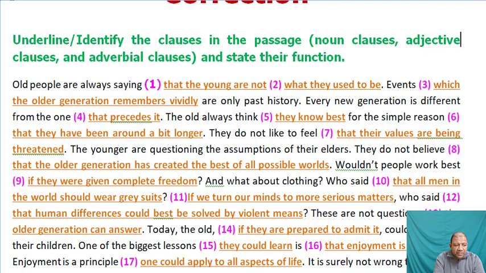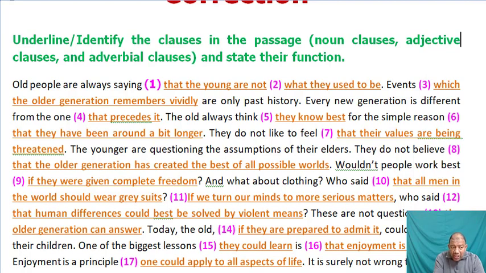Number 7, that their values are being threatened. Itself, it's a noun clause. But what kind of noun clause? Concerning the function. So here, they don't like to feel. Feel is a linking verb here. Because if we want to take the structure of the verb to feel, we say, I feel happy. So it is always followed by an adjective.